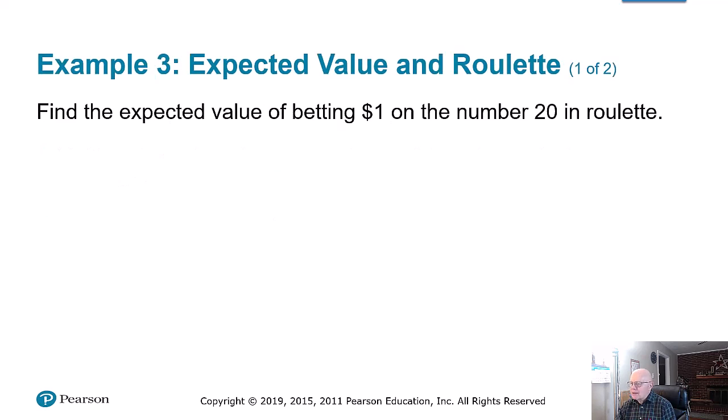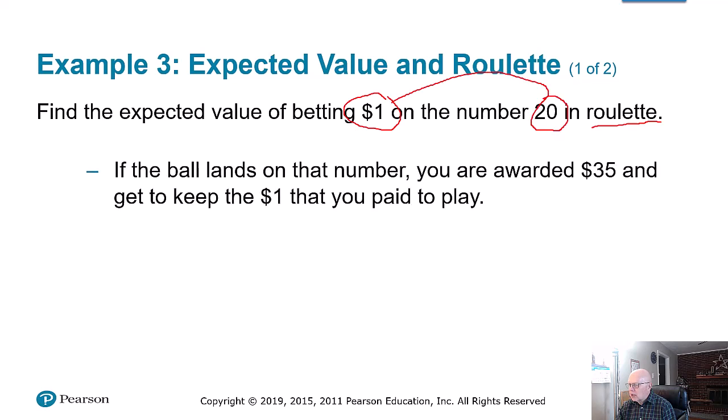So let's see. We're going back to the roulette wheel again. And we're going to bet $1 on the number 20. If it lands on that, you get $35. Hey, that sounds pretty good. You want to play? And you also get to keep the dollar that you paid.